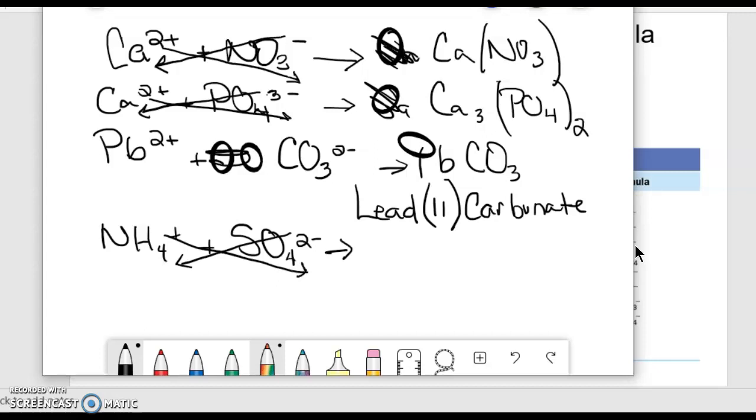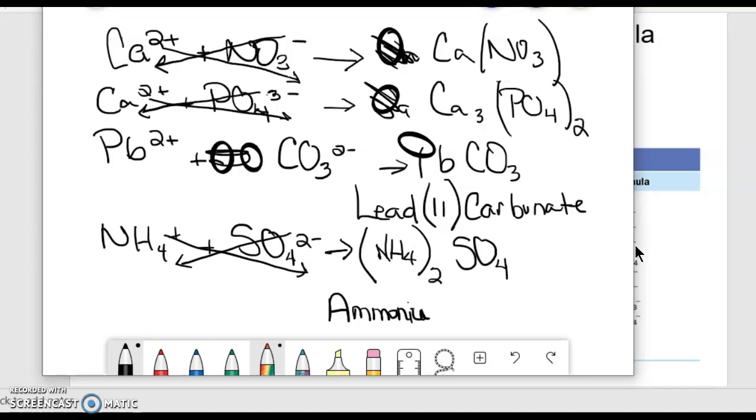My formula becomes, since I'm showing that there are 2 ammoniums, I have to do the parentheses. NH4 and 2 of those, and then 1 sulfate, SO4, okay? And this is ammonium, IUM.